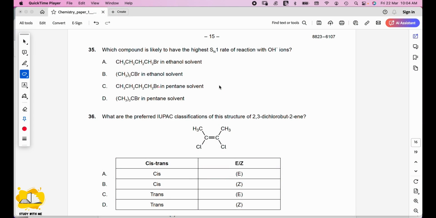Okay, for question number 35, which compound is likely to have the highest SN1 rate of reaction with OH minus ion? SN1 is for tertiary halogenoalkanes. So I directly see this as the answer.